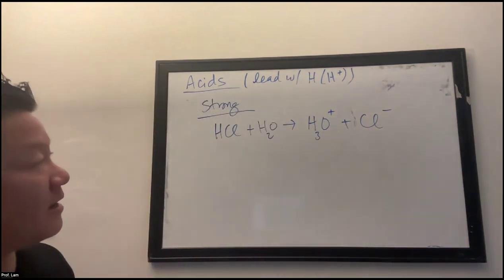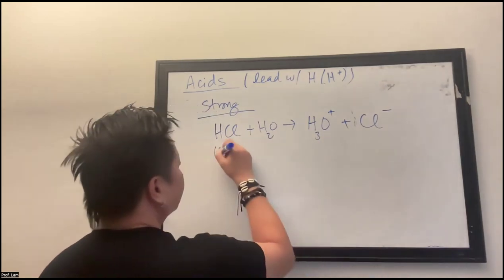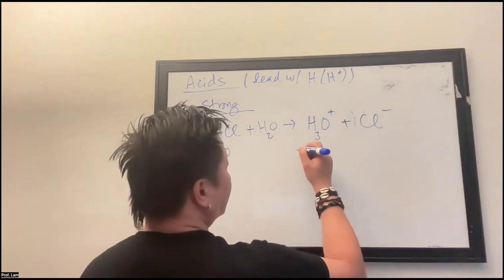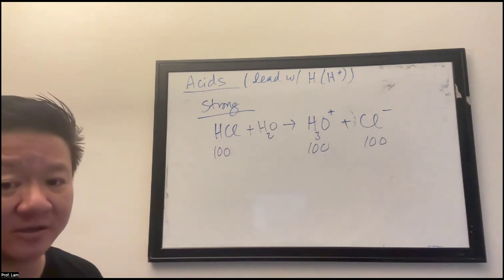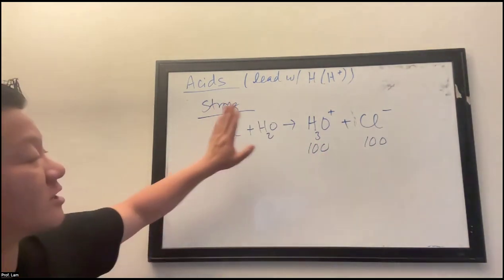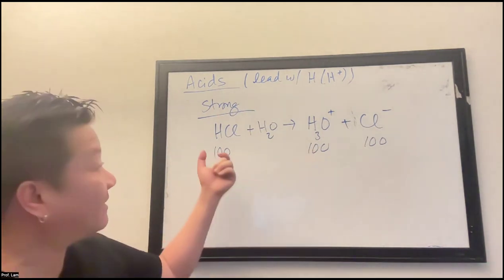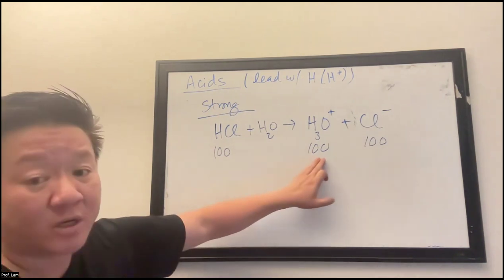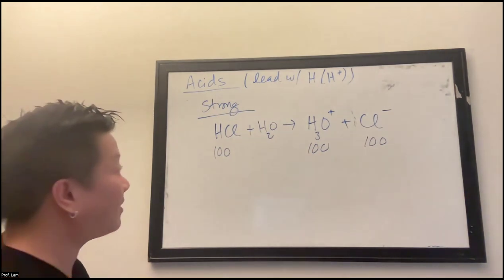So for each HCl, if you have 100 of them, for example, a strong acid will put out 100 hydronium. So if you had 100 HCl, it's going to put out 100% hydronium. Meaning this acid will completely dissociate to give hydroniums 100%. And that's why it's considered strong.